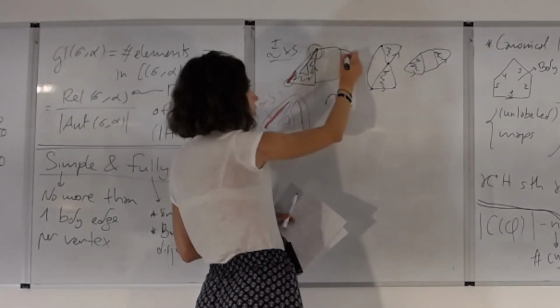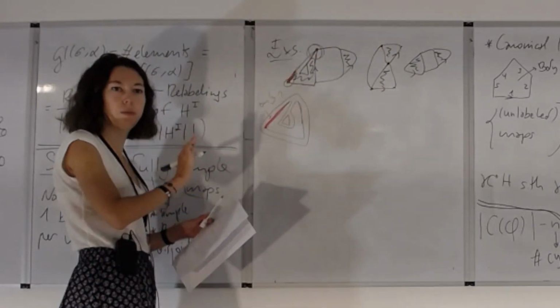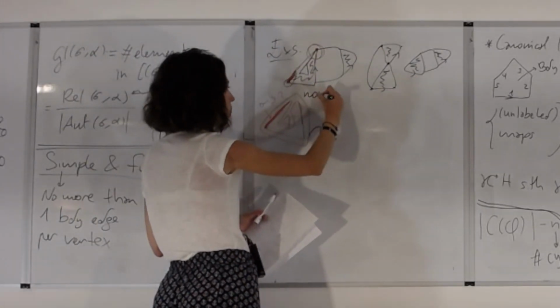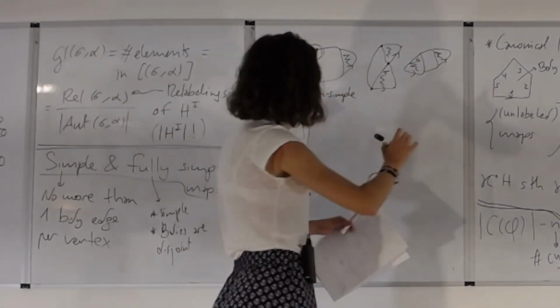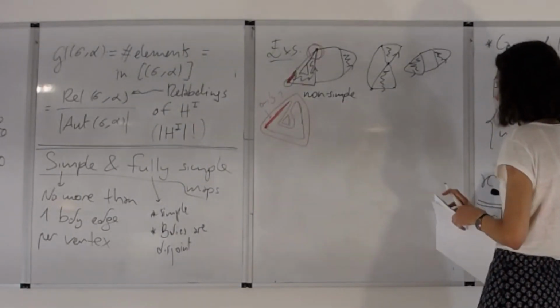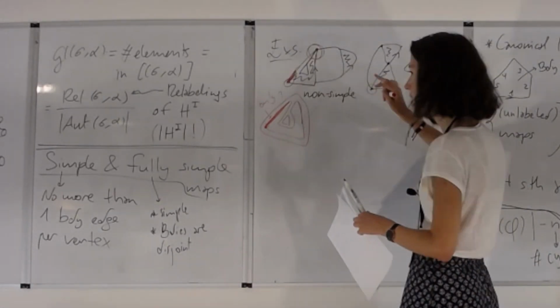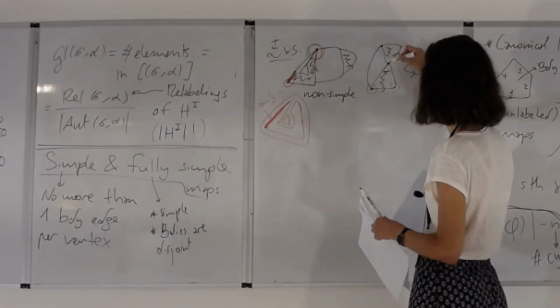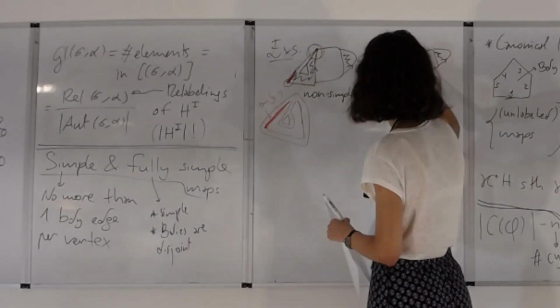Then this polygon is simple, but since the map already has this vertex which is not simple, this is not simple. Then this one, all the vertices are simple. They all have exactly two edges belonging to a particular boundary incident to it.